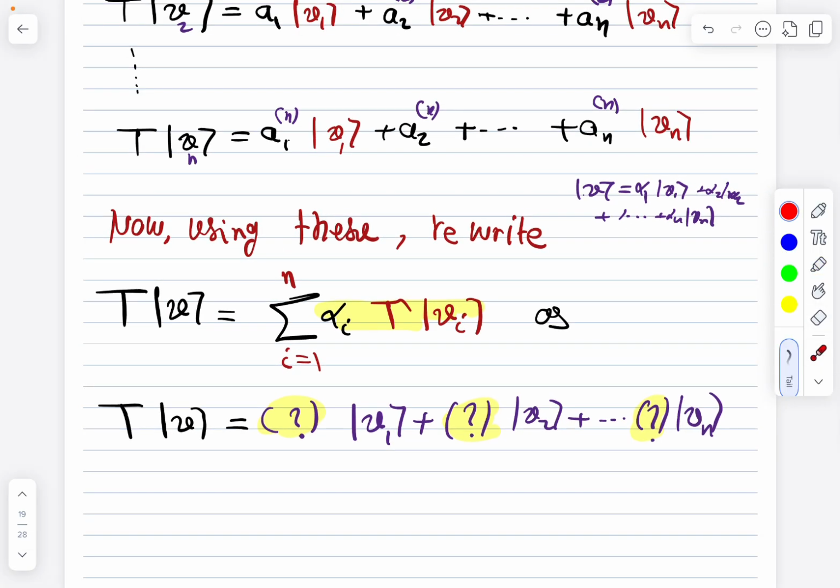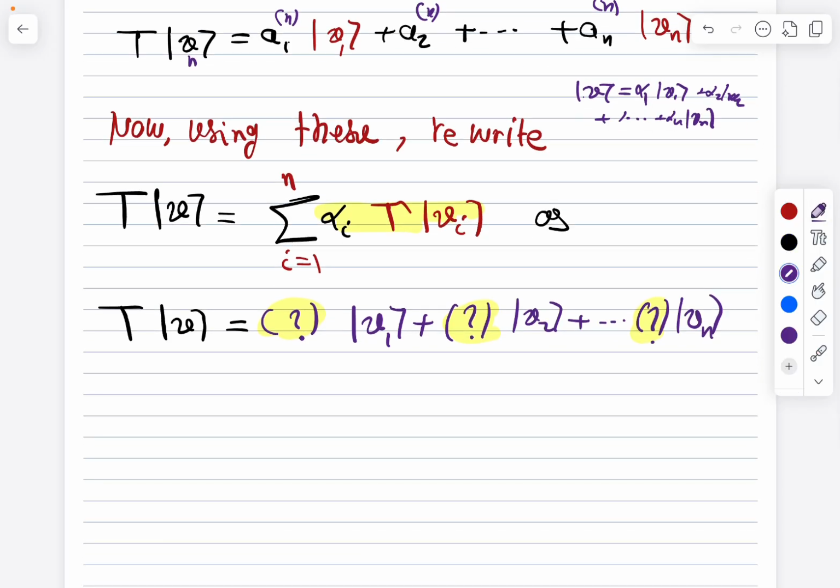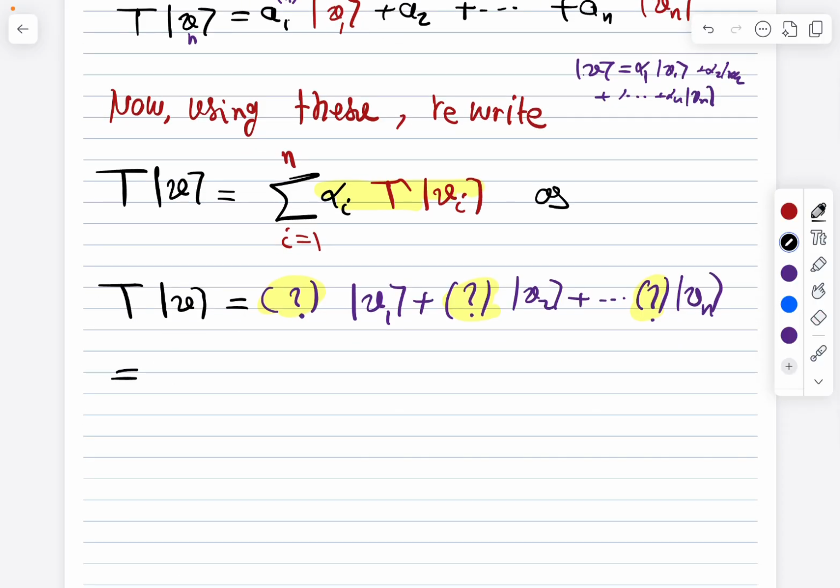Now, can I even simplify this such that it can be written as some coefficient times v1 plus another coefficient times v2, etc.? Yes, it can be. So let me just expand this summation. So it is alpha 1 T applied on v1 plus alpha 2 T applied on v2 until alpha n T applied on vn.